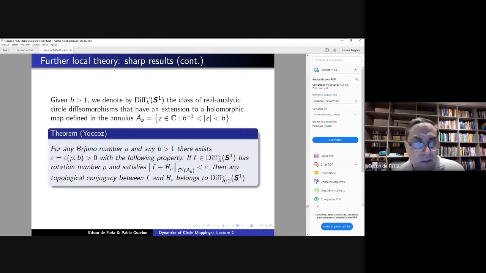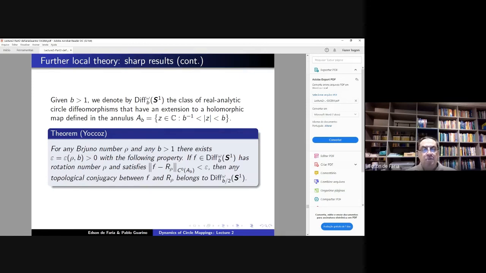So then the theorem states that if you have any Bruno number and you take any b greater than 1, there exists an epsilon that depends on these two data with the following property.